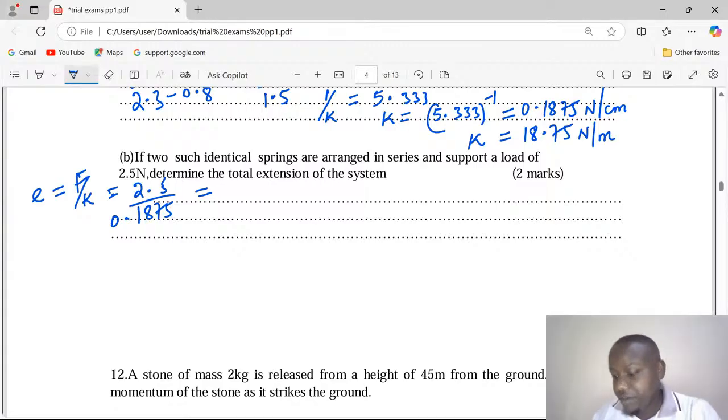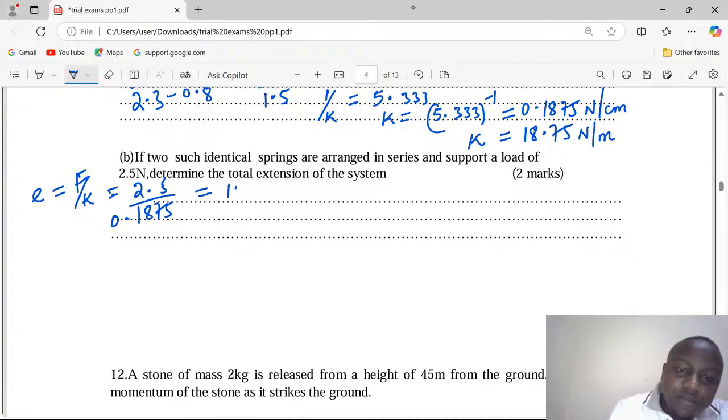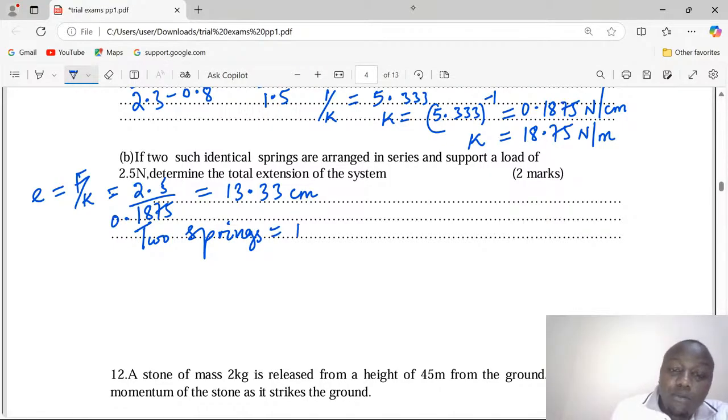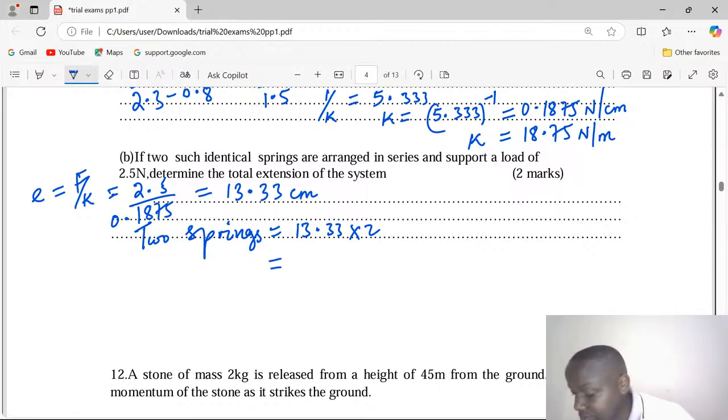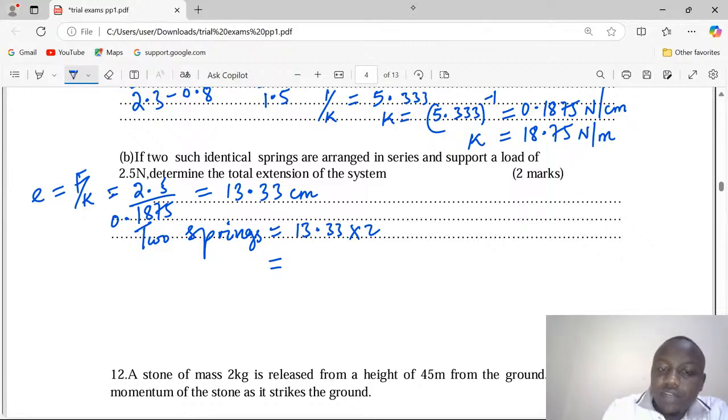This is 13.33 centimeters, and this is one spring. So for two springs now, the extension doubles because they are now 2. So we just multiply by 2, and this gives us 26.67 centimeters.